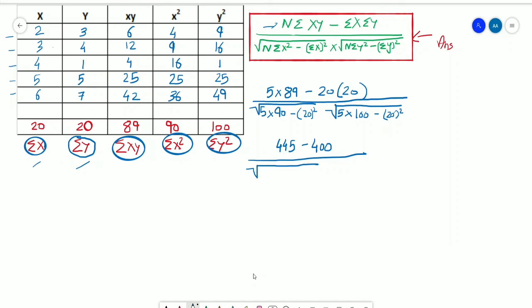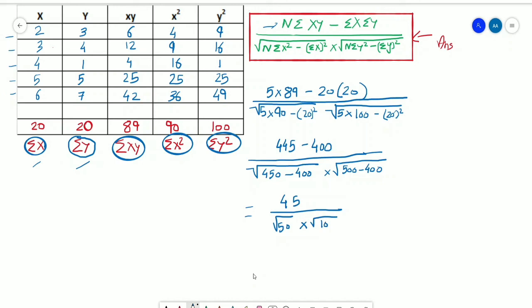In the denominator, 5 multiplied by 90 is 450, minus 400, and this will be multiplied by 5 into 100, which is 500, minus 400. Okay, so how much does it come to? 445 minus 400 will give us 45, and here we will have square root of 50 multiplied by square root of 100.